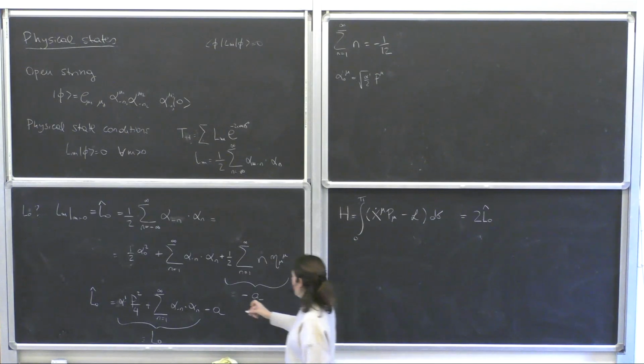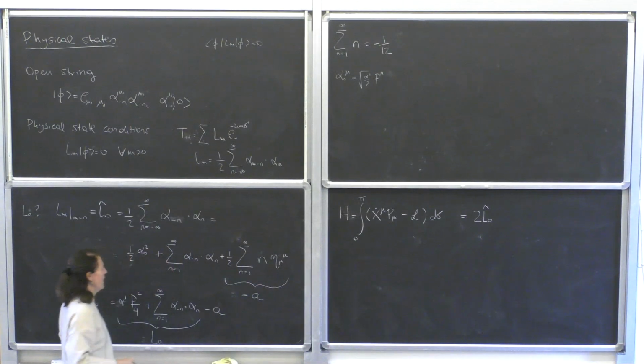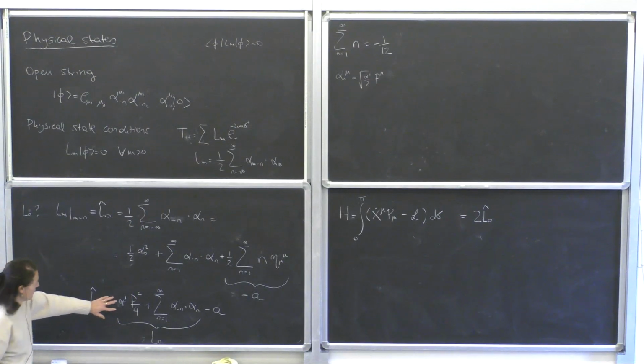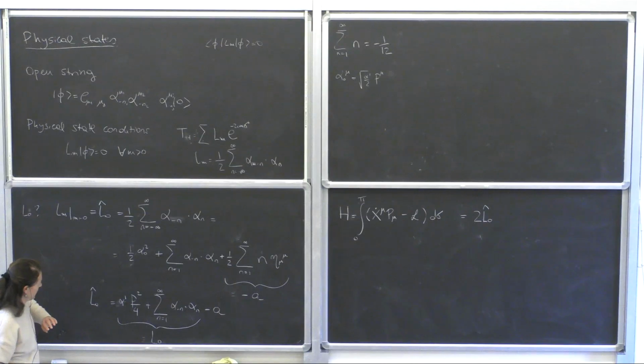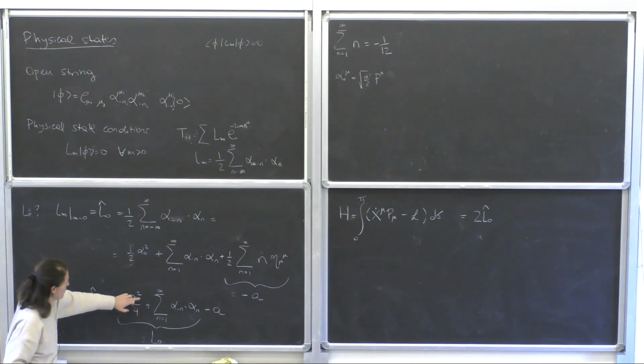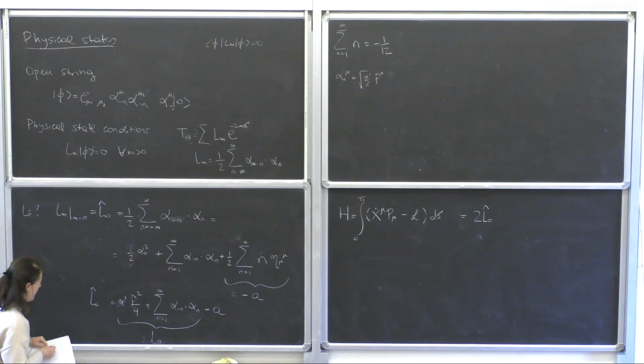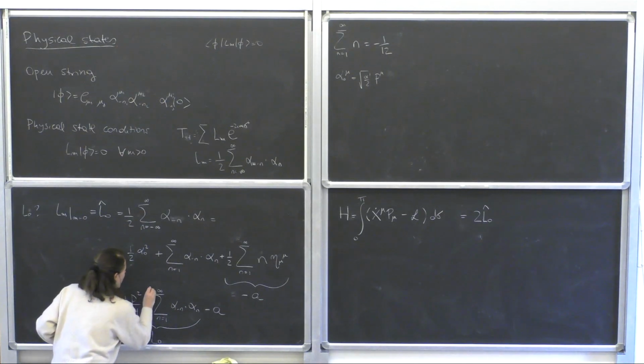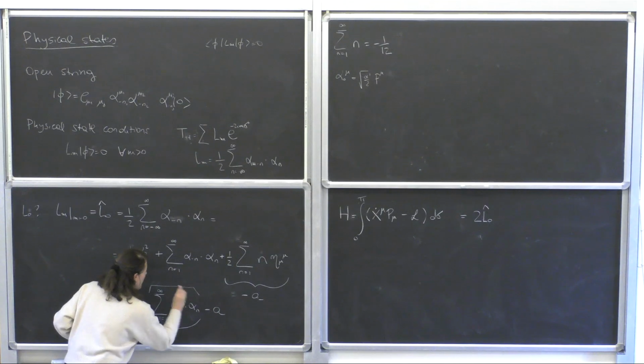So this a here is related to the 0-point energy, the quantum energy of a state, because this gives the center of mass momentum. This operator here, I'm going to call it n.